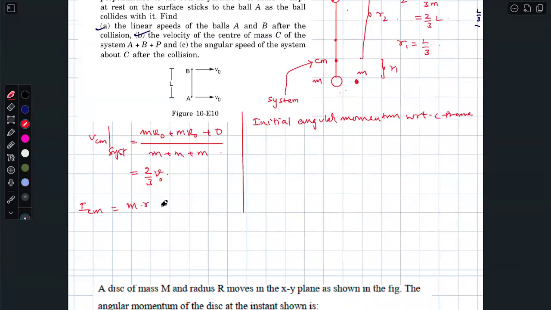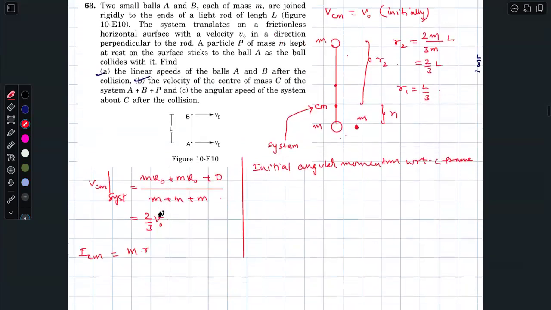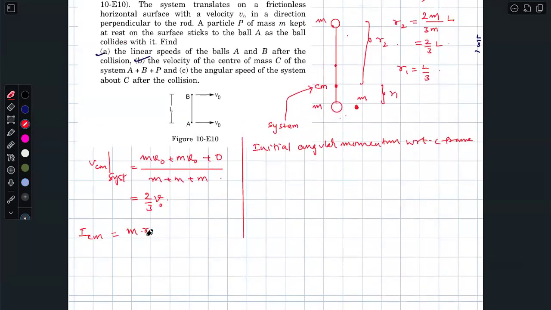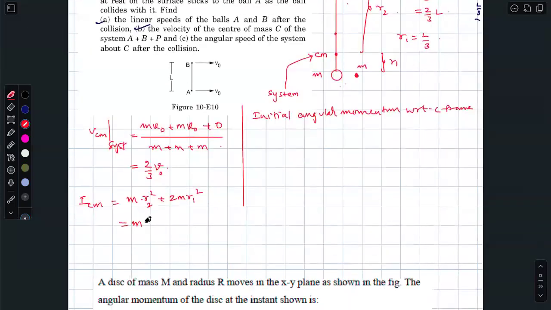Simple: m r2 square plus 2m r1 square. M r2 square means 4 by 9 L square, plus 2m r1 square, which gives 6 by 9, that is 2 by 3 ml square.